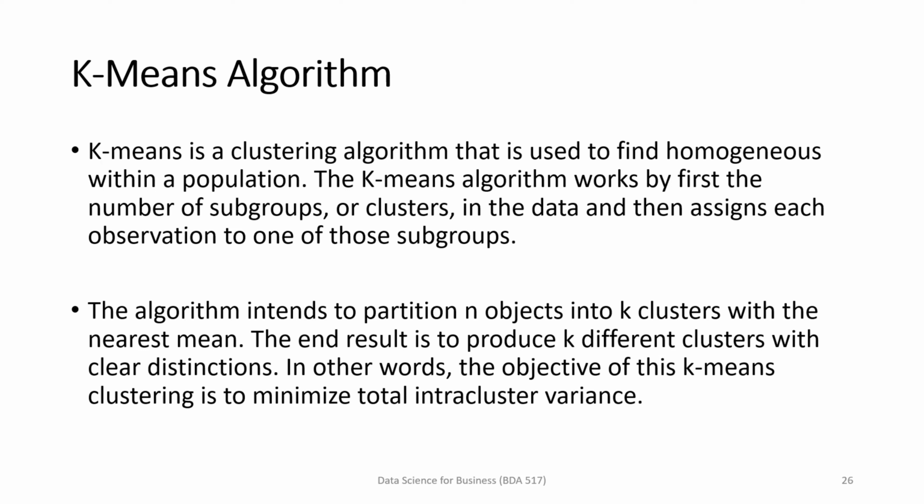Then probably some points are nearer to other clusters. So let's say one cluster is here, one cluster is there, one cluster is here, and the first iteration divides it into 3. But upon the first iteration, there are some data points here that are nearer to some cluster, let's say cluster B. It will iterate again, and then it will move them to cluster B, and the centroid will be recalculated.